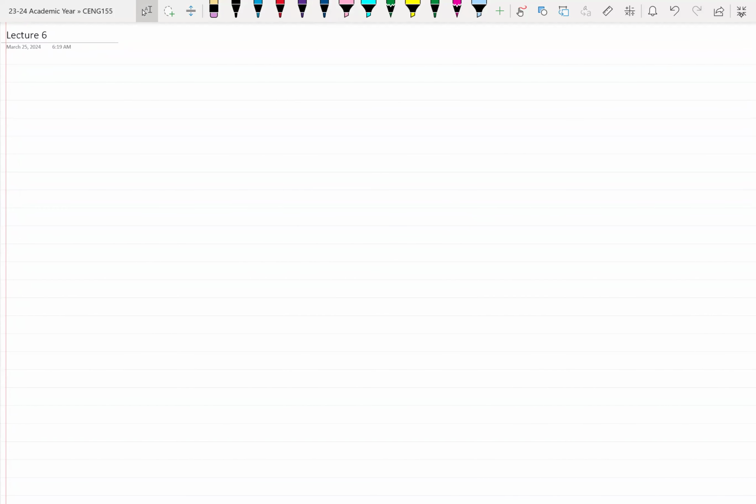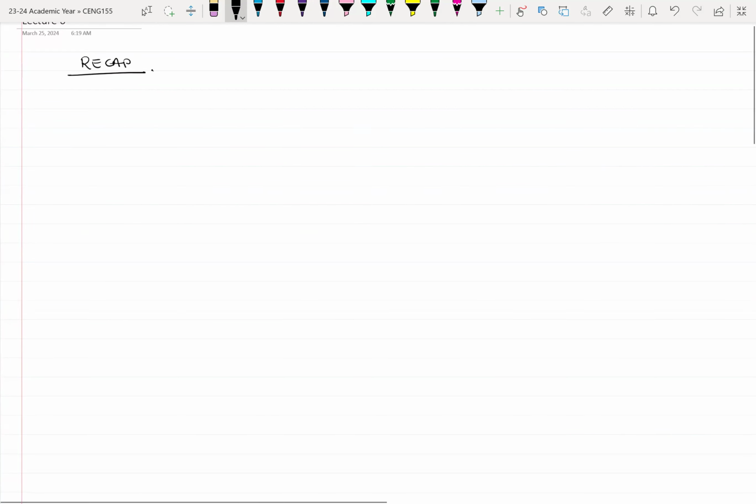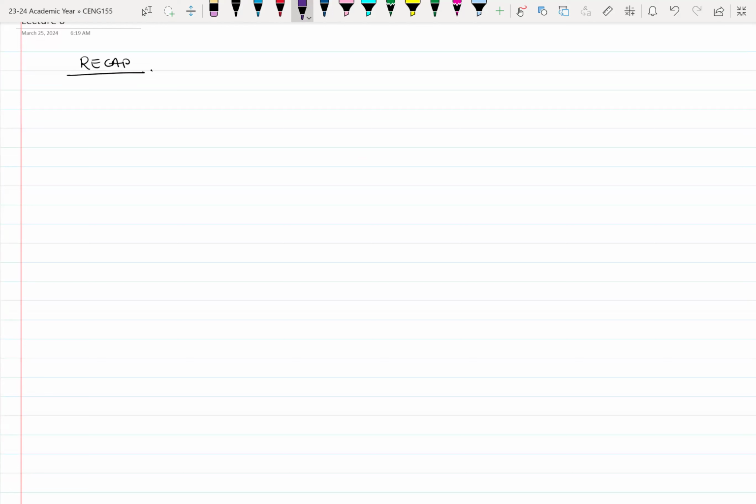All right. So, recap. So, if you have any external loads on a beam or any structural member, so these are the external loads.